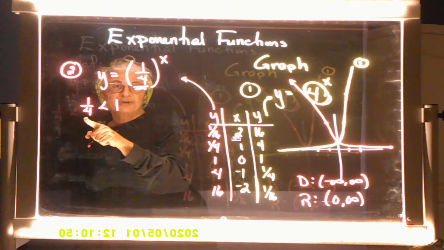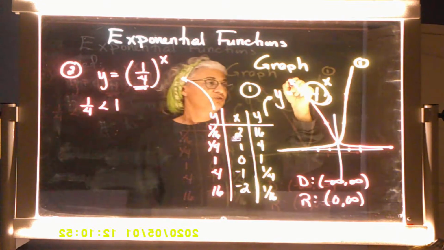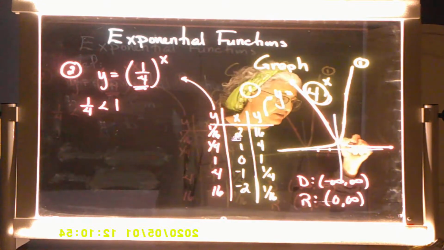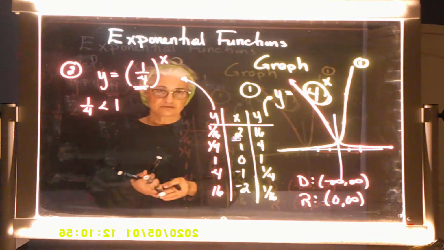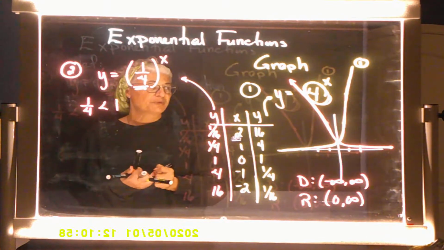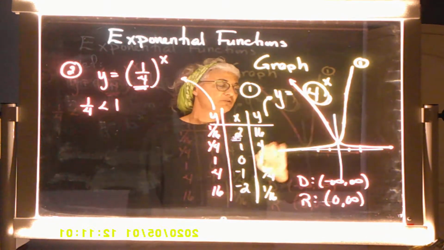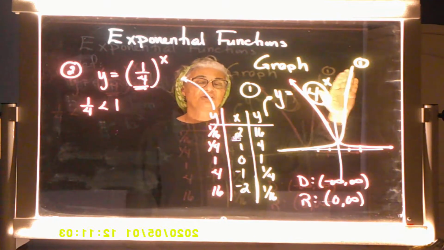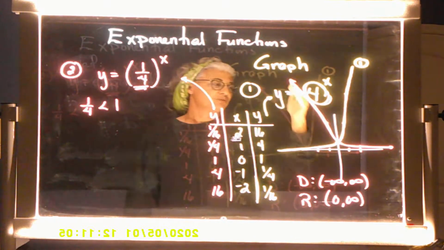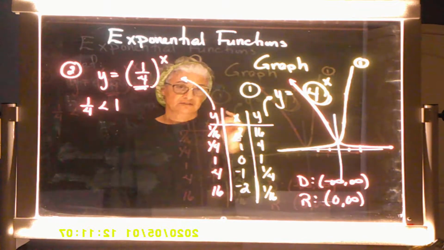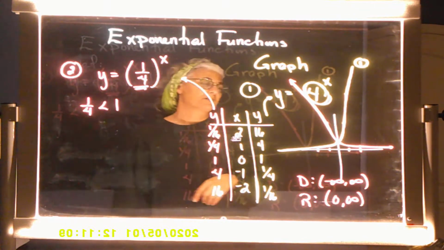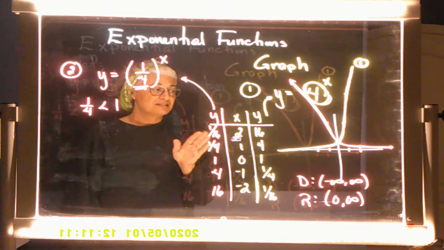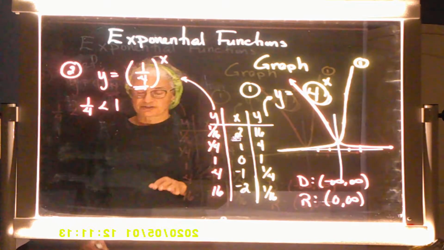When you have the base less than 1, you end up with this decreasing graph. Cool? Understand that. If your base is greater than 1, you have an increasing graph. When your base is less than 1, you will have a decreasing graph. With me? Okay. Now, that's a major difference between the two.